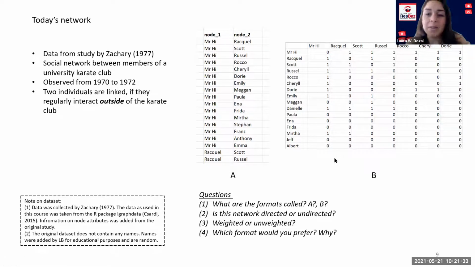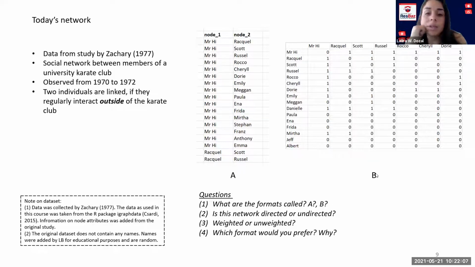Well, I know it's the morning and there aren't very many of us, but B would be our socio matrix or our adjacency matrix. And this network is going to be undirected because we have a diagonal of zeros here. Like I said before, this is kind of cut short, so it's not the full matrix, but if you were to see it in its entirety, the zeros would be a diagonal across.